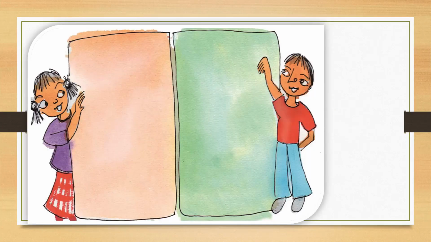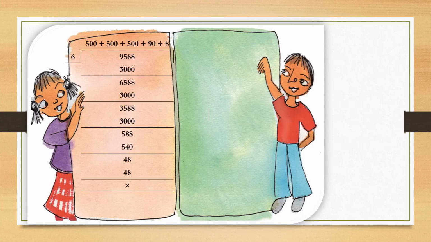Dolma's daughter started dividing rupees 9,588 over 6 months. She first thought of giving rupees 500 every month, but after that she saw rupees 6,588 were still left, even after giving rupees 3,000. So she again distributed rupees 500 per month, and still rupees 3,588 were left. So she again distributed rupees 500 per month, and still rupees 588 were left.